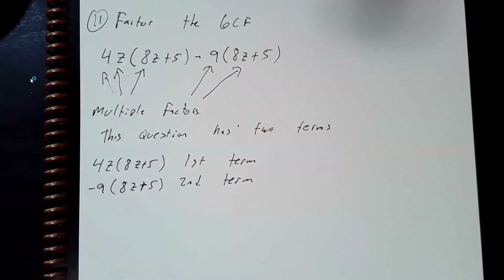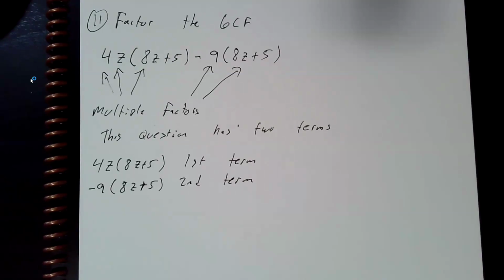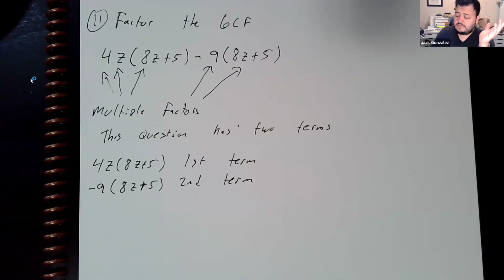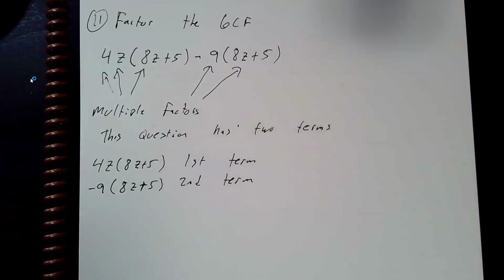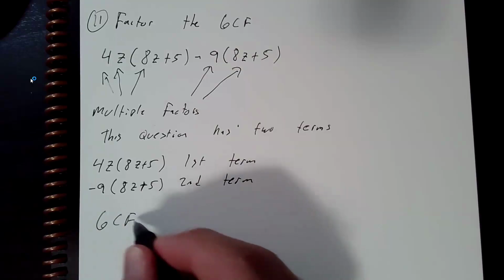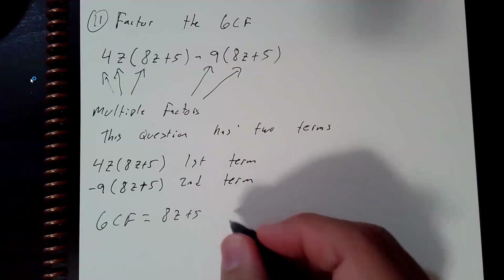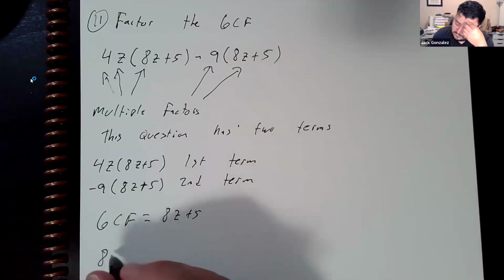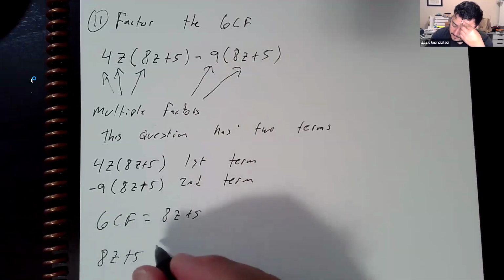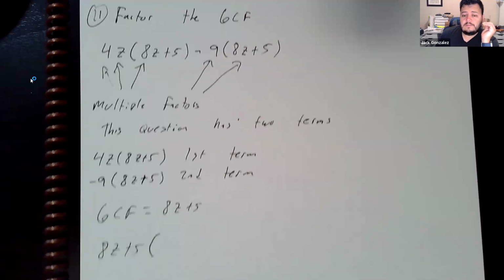So factor the GCF out of these two terms. What do these two terms have in common? 8z plus 5. So if you pull that out in front, what would be left inside?